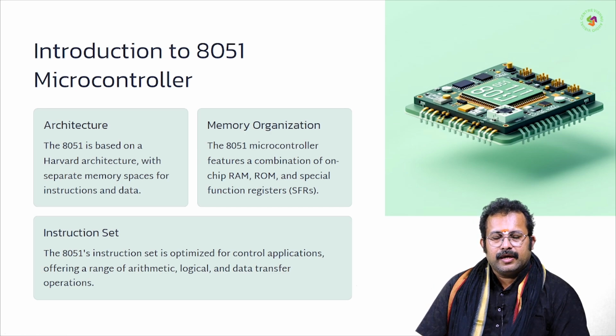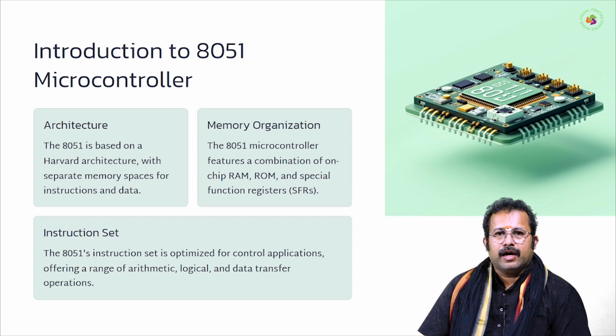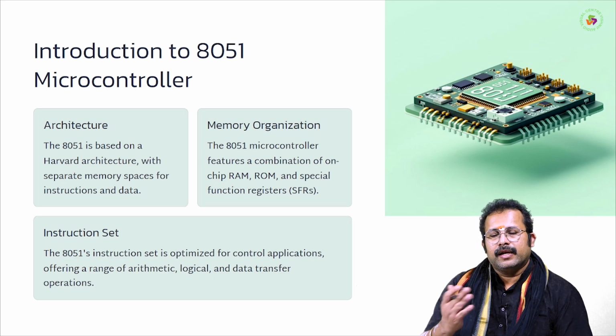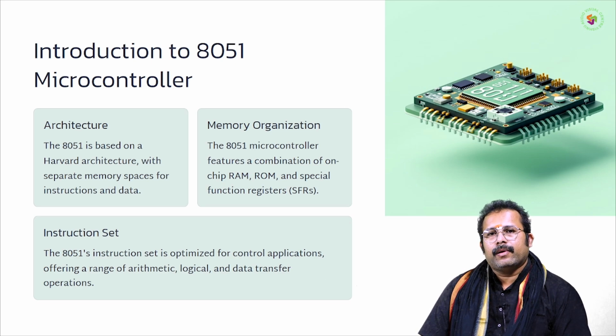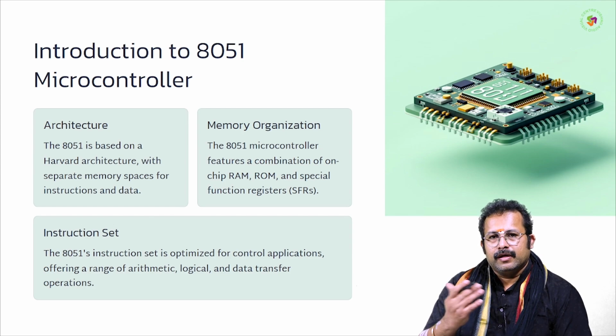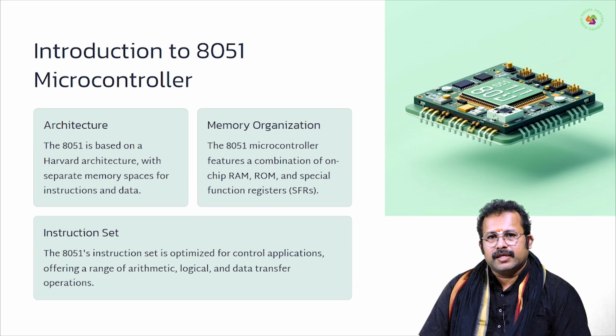The 8051 architecture is based on Harvard architecture, where program memory, where the code is saved, as well as data memory, where data variables are stored, share separate address spaces. That kind of architecture is called Harvard architecture.